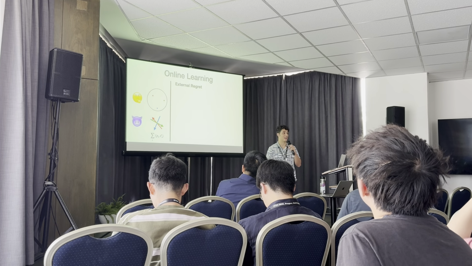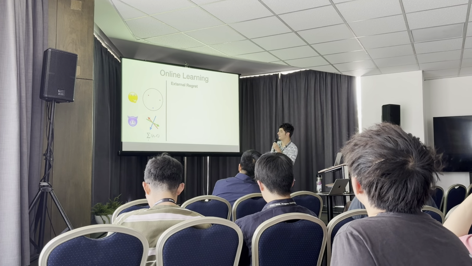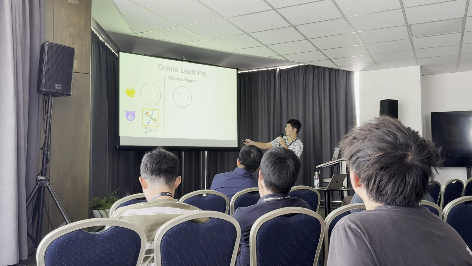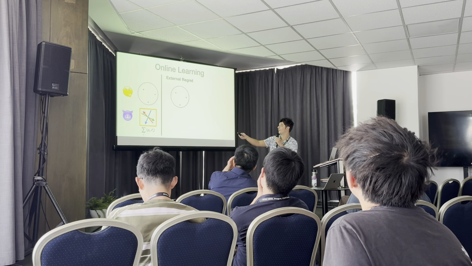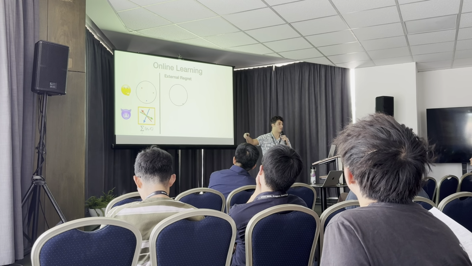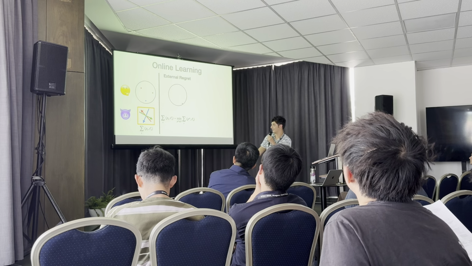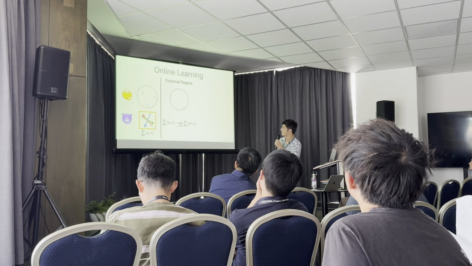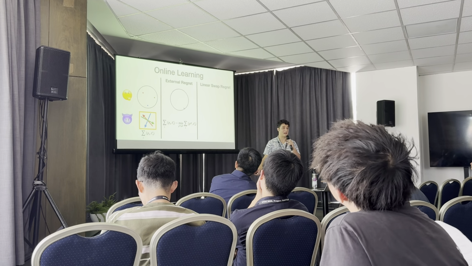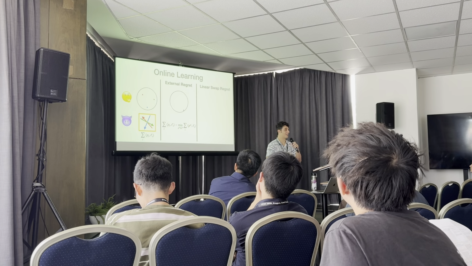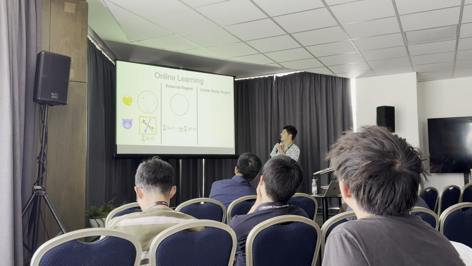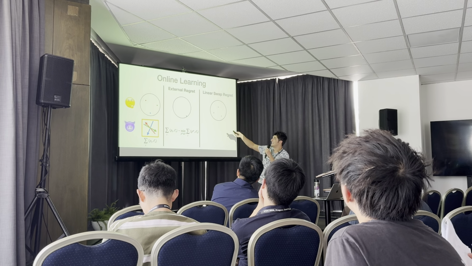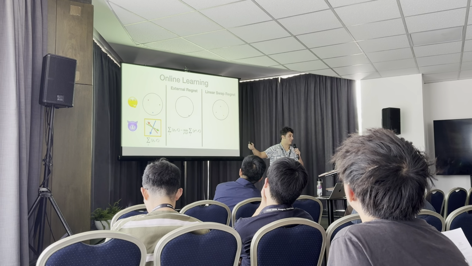The classic is external regret, where we take this fixed sequence of losses and compare the loss of the actions selected by the learner to the best fixed action over all the possible actions in P. Right? So that's this quantity, the total loss versus the loss of some fixed action against this loss sequence. What we're interested in, in this paper, is studying the stronger notion of regret, which is linear swap regret. In linear swap regret, we compare the actions of the learner to any linear transformation of the actions of the learner.